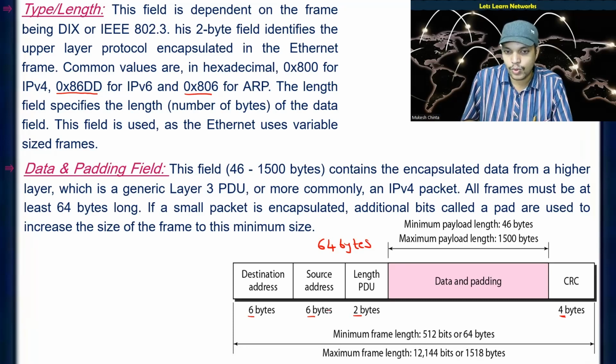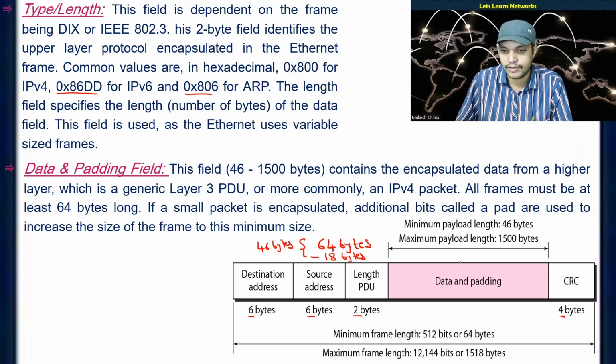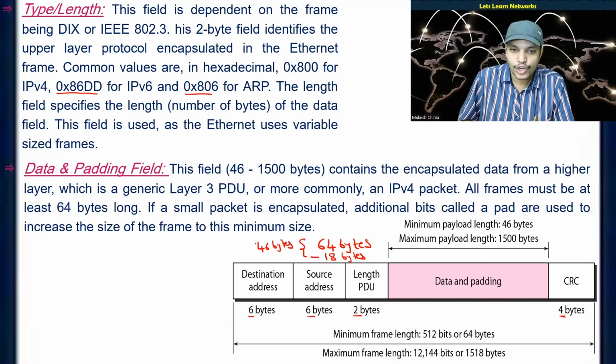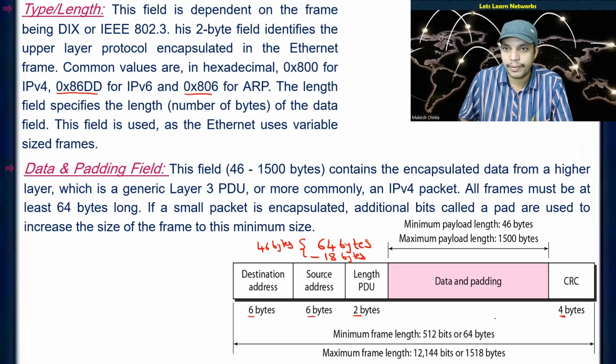So 6 plus 6, 12, 12 plus 2, 14, 14 plus 4, 18. So for a minimum of 64 bytes, if you subtract the 18 bytes of mandatory header, that gives you 46 bytes, right? So your data field must be a minimum of 46 bytes. If it is less than 46 bytes, the total length of the frame will be less than 64 bytes and it will not be considered.